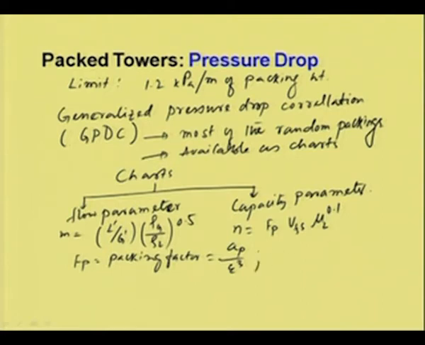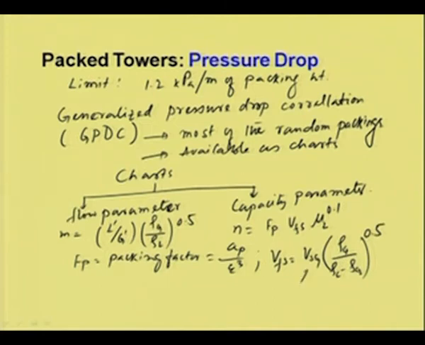Vfs is equal to Vsg, the superficial gas velocity, into rho G by rho L minus rho G, to the power 0.5.